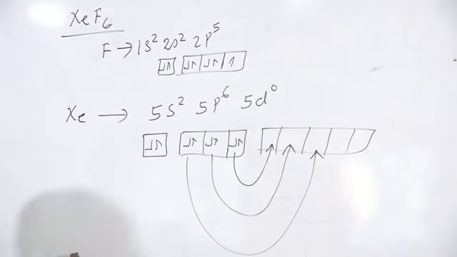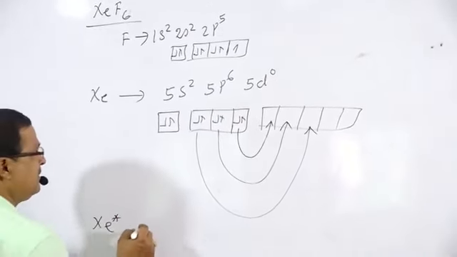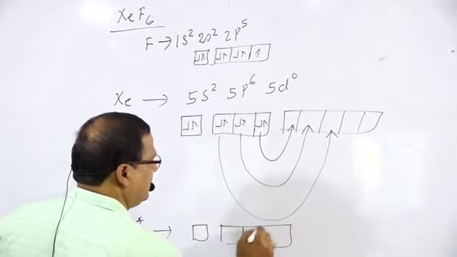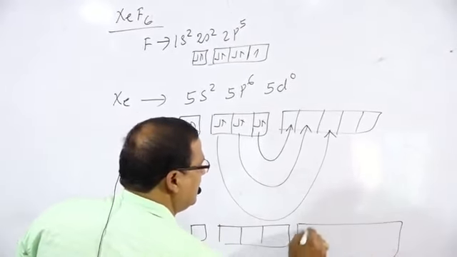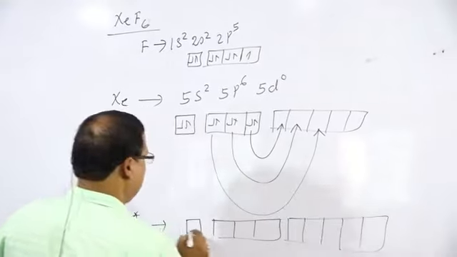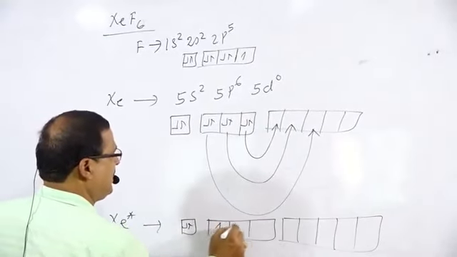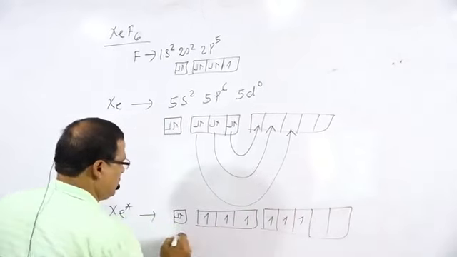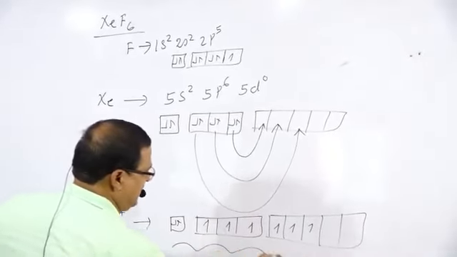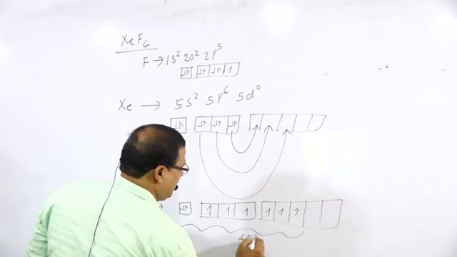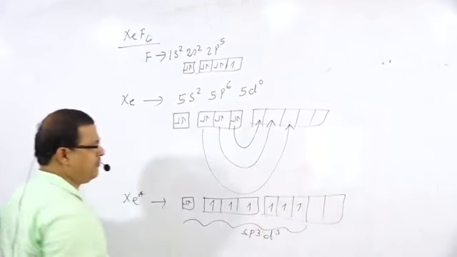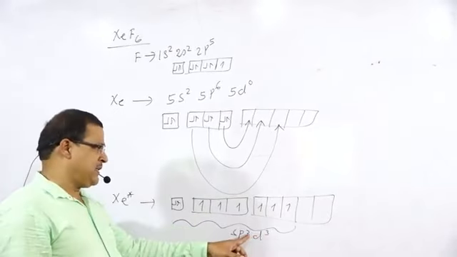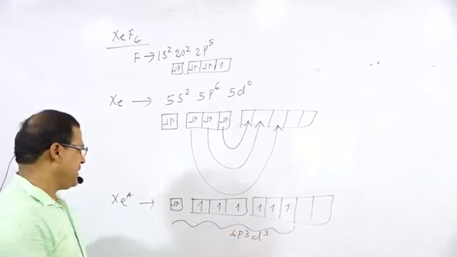So the xenon atom excited has paired and unpaired electrons, these being the unpaired electrons. The hybridization is sp3d3, so the number of hybrid orbitals is 3 plus 3 plus 1, that is 7.